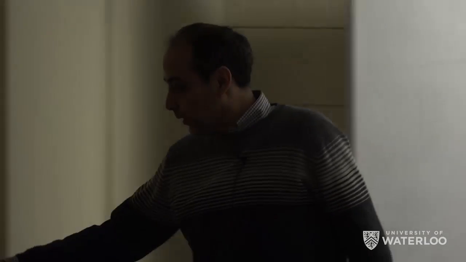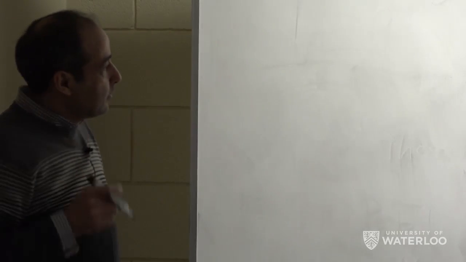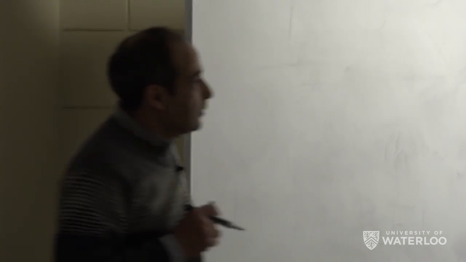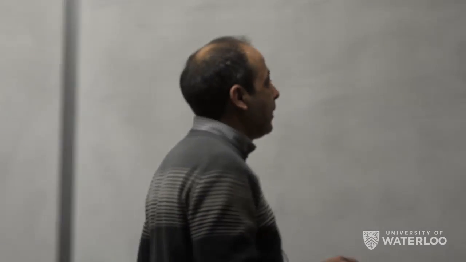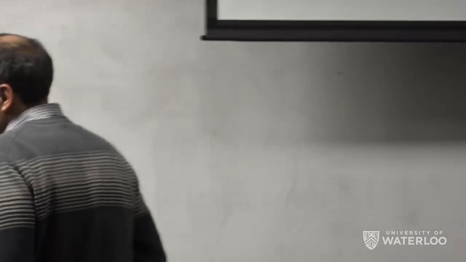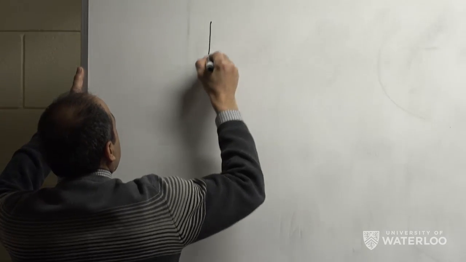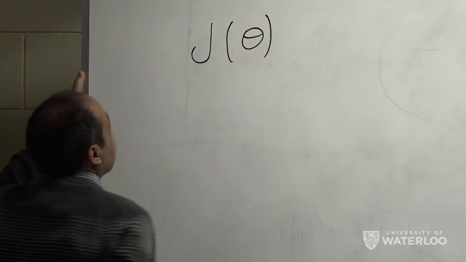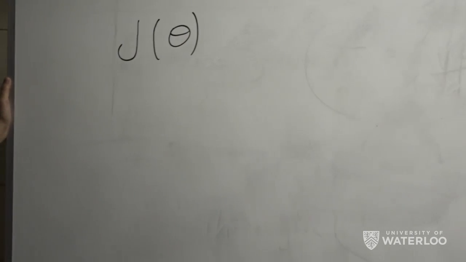Okay. Now let's see more solidly what's happening in weight decay. Suppose that my objective function is J, and J is a function of theta, my parameter.